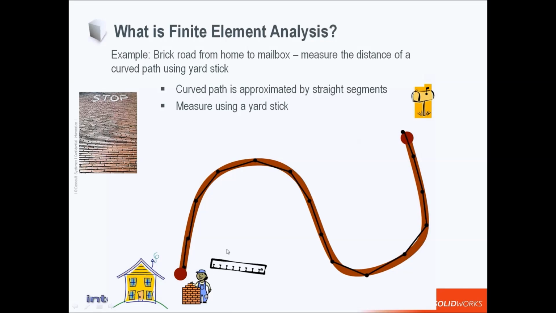Now, depending on the size, we are approximating the curve by assuming it is represented as a straight line. If the yardstick is small enough, we have a more accurate representation of the curve. However, it will take a long time to do the final measurement.